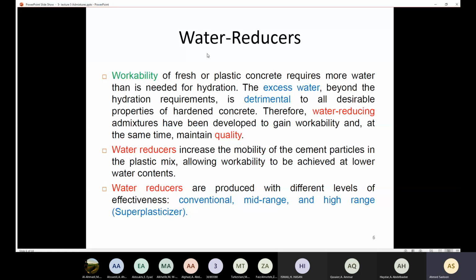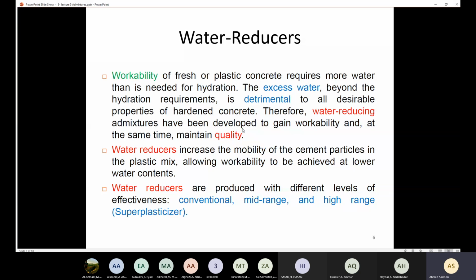The other type is the water reducers. We know that the workability of fresh or plastic concrete requires more water than it's needed for hydration. We explained the hydration process when we talked about the cement, and we said that we need a certain amount of water for hydration. But we are going to increase that amount of water so that we can get the workability.